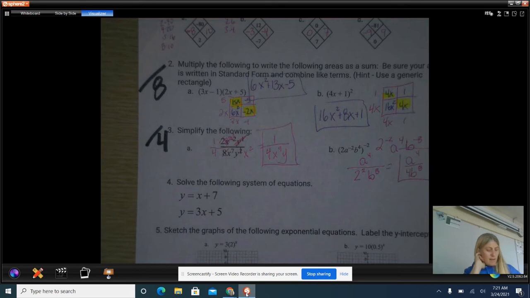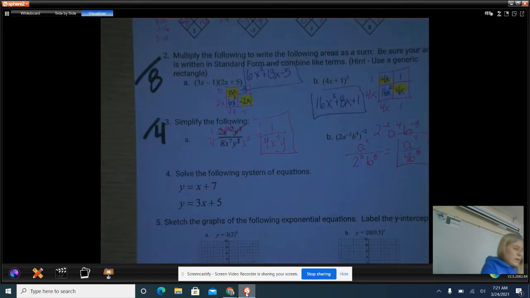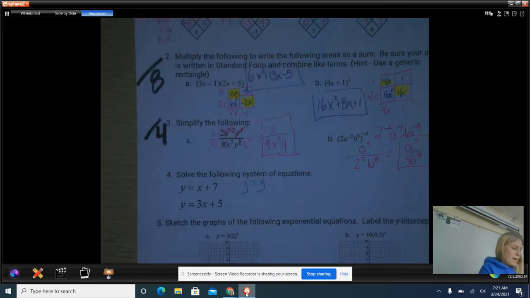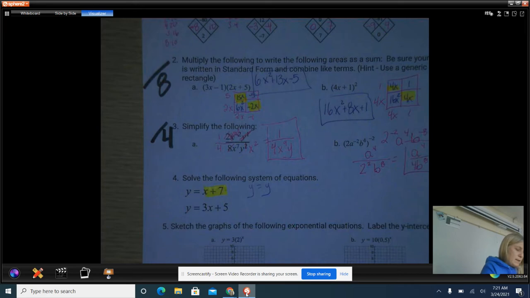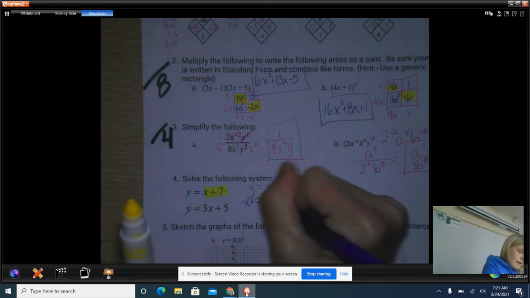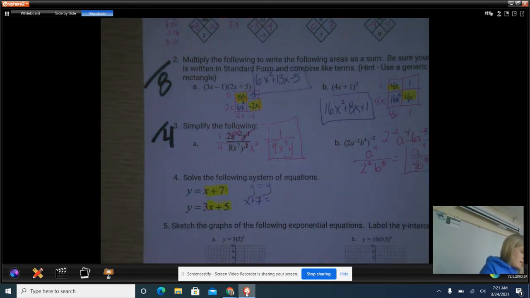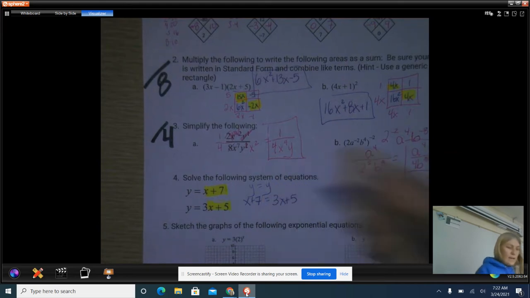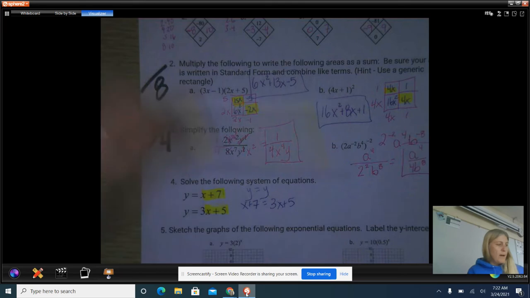Now we're going to solve the system of equations. Once again, this is a line. We're seeing where they intersect. So we're going to have y equal to y. So our first y is x plus 7. And our second y is 3x plus 5. Now that we have y equals y, we're simply going to solve for our x.